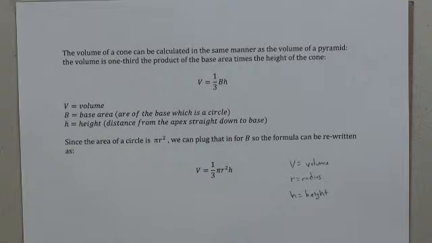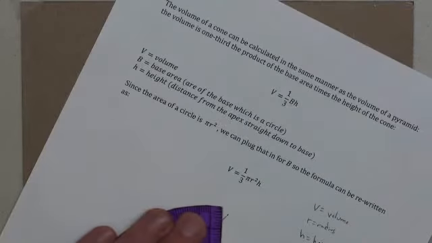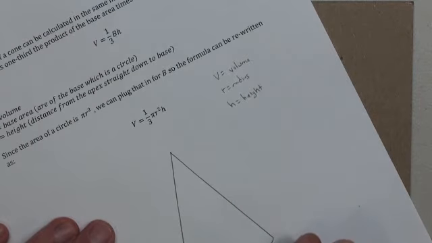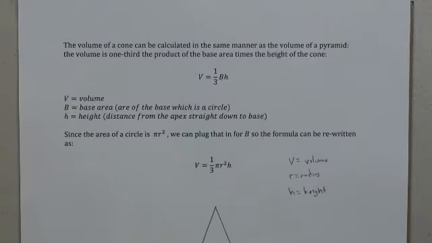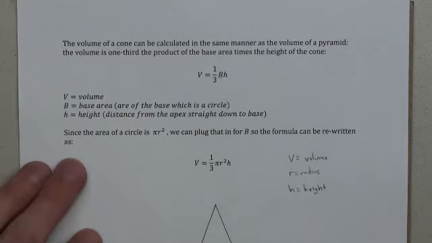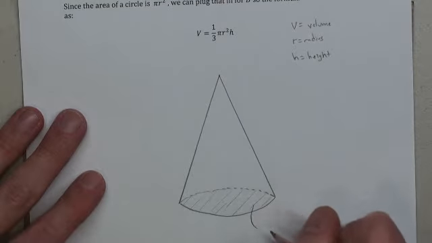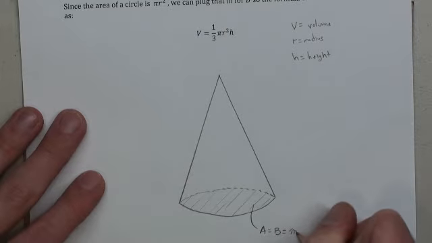Okay? And let's draw another picture of a cone. We have this area on the bottom, which is B, which is pi r squared.